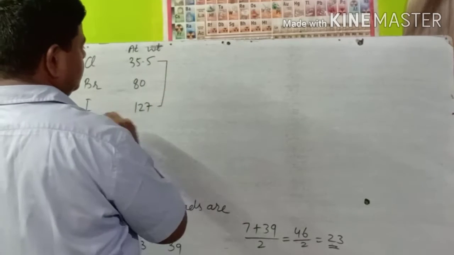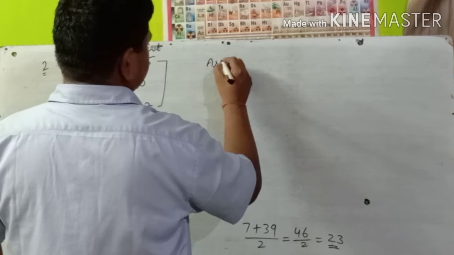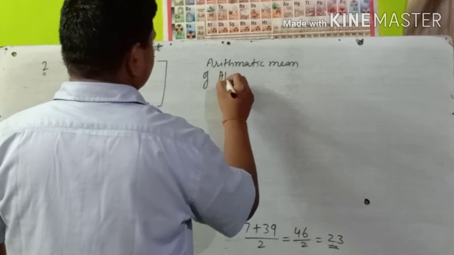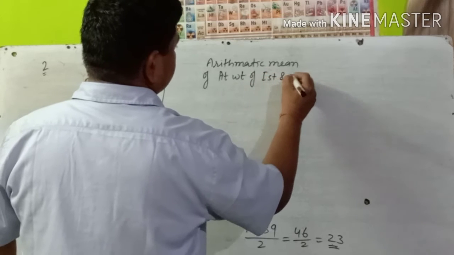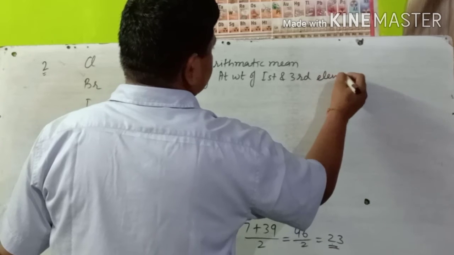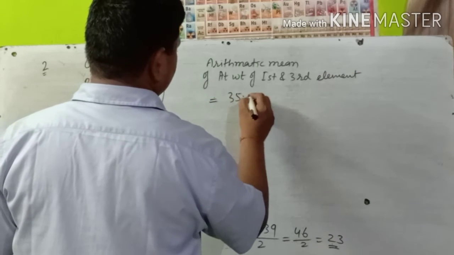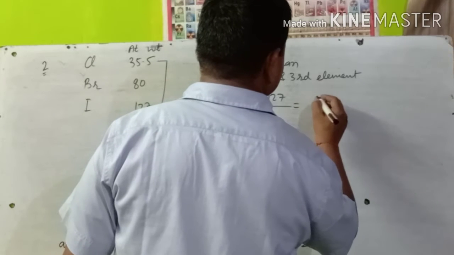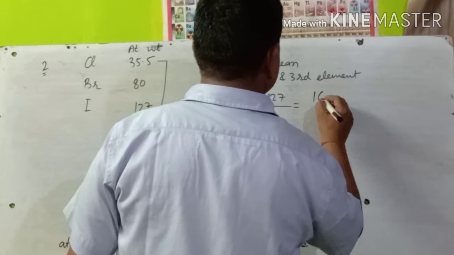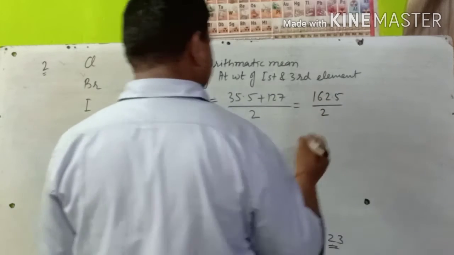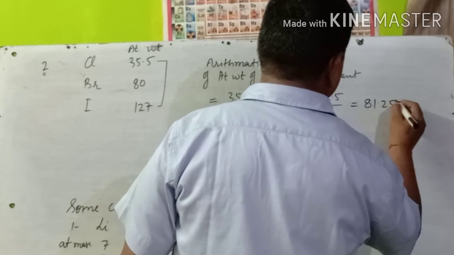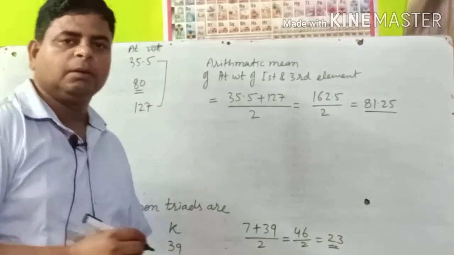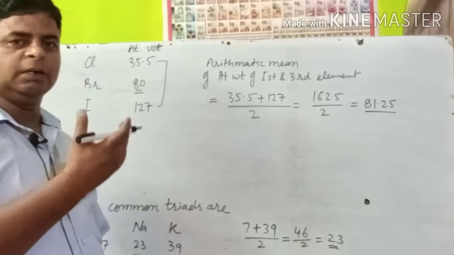So the arithmetic mean of the atomic weights of the first and third element is equal to 35.5 plus 127 upon 2, and this is equal to 162.5 upon 2, and it becomes equal to 81.25, and it is nearly equal to the atomic weight of bromine. So this is according to the law of triads.